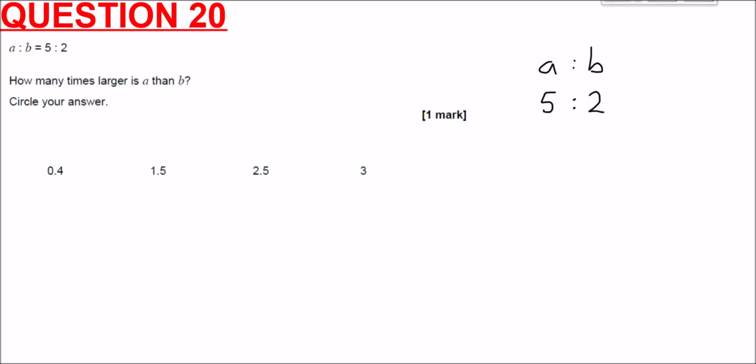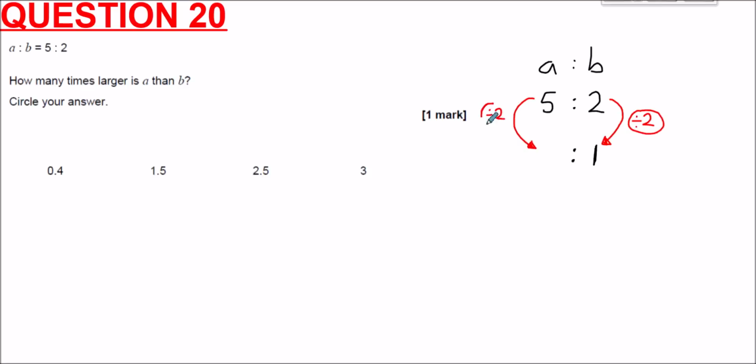What you could do is change the parts for b from 2 parts to 1 part. To go from 2 down to 1, we could divide 2 by itself. Remember, any number divided by itself gives us 1. But with ratios, what we do to one side, we need to do to the other to keep the proportion in balance.